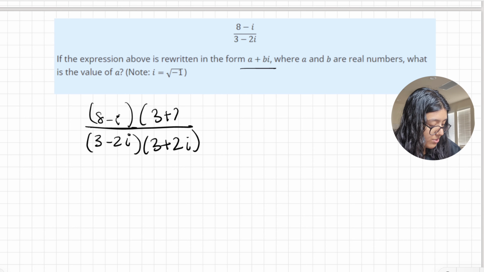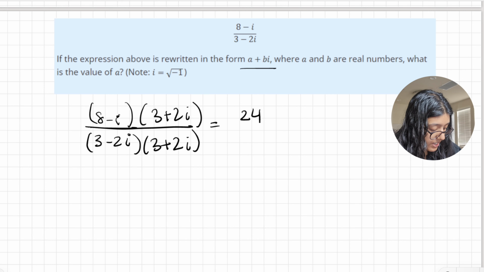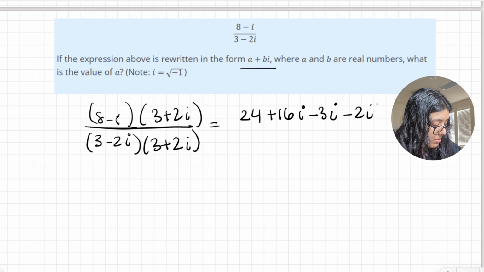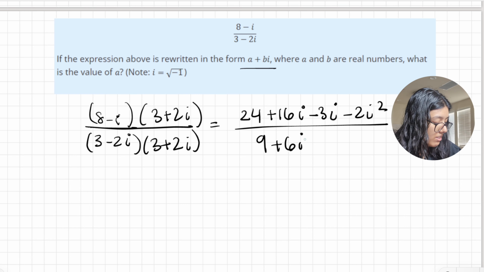Let us simplify that. 8 times 3 is 24. 8 times 2i is 16i. Minus i times 3 is minus 3i. And then minus i times 2i is minus 2i squared. Over 3 times 3 is 9. 3 times 2i is 6i. Minus 2i times 3 is minus 6i.